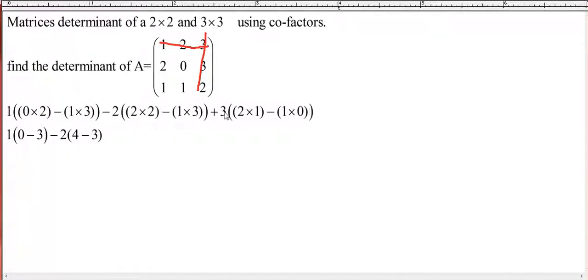We move on to the other part, which is now plus 3 by 2 by 1, which is 2. Sorry, it's 3. 2 by 1 is 2, and then minus 1 by 0 is 0.